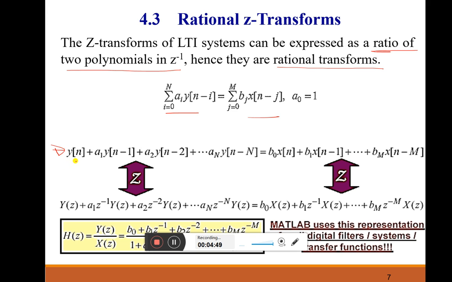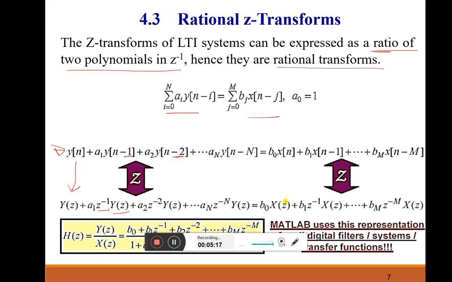So for y[n], okay, dia jadi Y(z). Okay, for a1 y[n-1], dia jadi a1 z to the power of -1 sebab shift dia 1, and Y(z). Okay, then a2 z to the power of -2 because of shift ni, and Y(z).